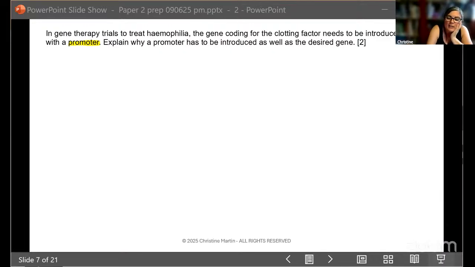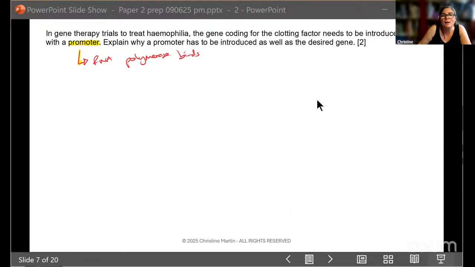This is again checking that you know that the promoter is where RNA polymerase binds. So to ensure that it is actually going to be transcribed, you want to have the promoter in there as well, is another way to look at that. And therefore allowing for the gene to actually be switched on.